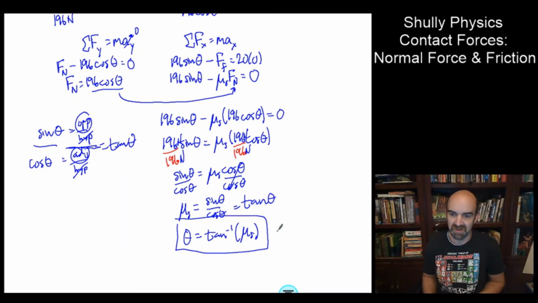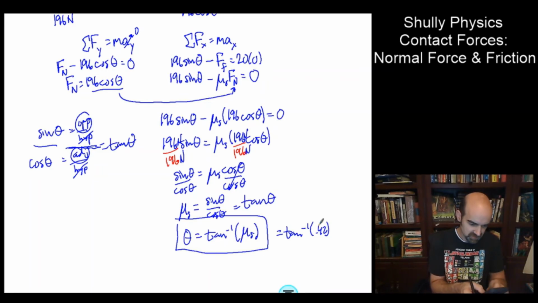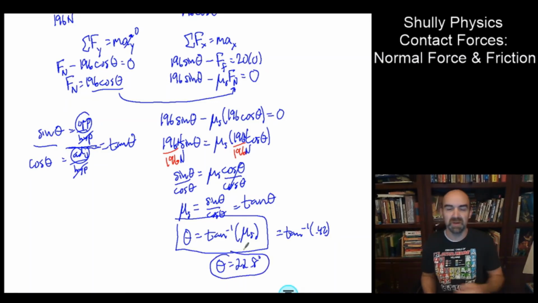What's inverse tangent of 0.42? There we go. What angle will this be at? 22.8 degrees. There it is. At 22.8 degrees, any higher than that, 22.9, this block is going to start to slide.